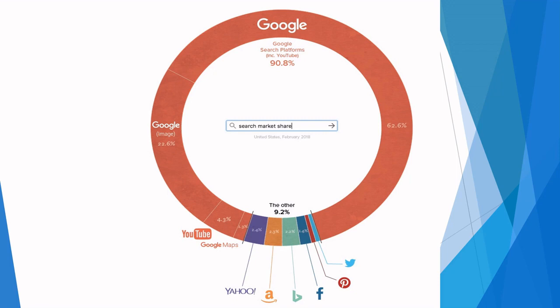As of February 2018, in the United States, when all the search platforms were compared, it was found that Google's market share is 90.8%. That means Google has a very strong dominance in the market, it has market power, and it has the ability to control the market.